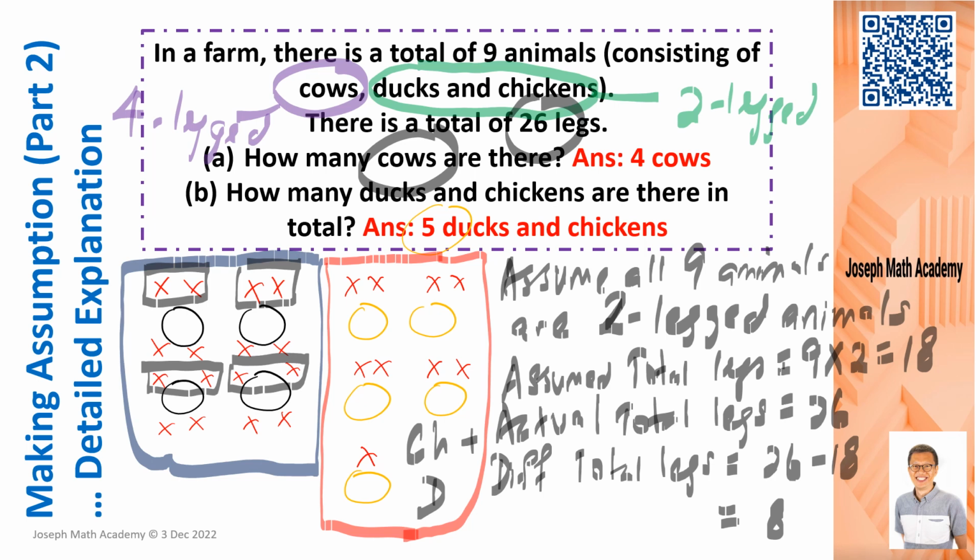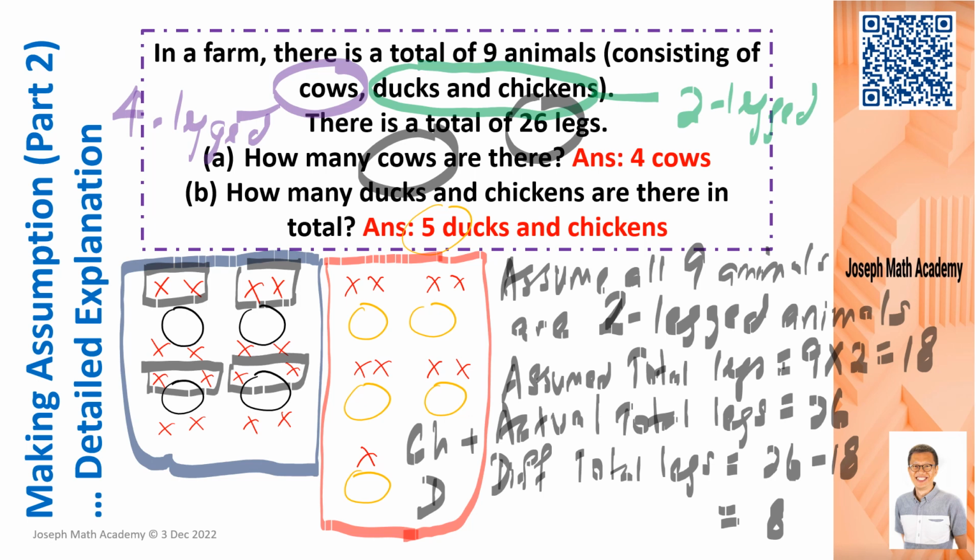I'm going to use the next slide because I'm running out of space. We have already written three equations. The assumed total legs will be 9 times 2, that's 18. The actual total given in the question is 26. So the difference in the total legs will be 26 minus 18, which gives us 8.